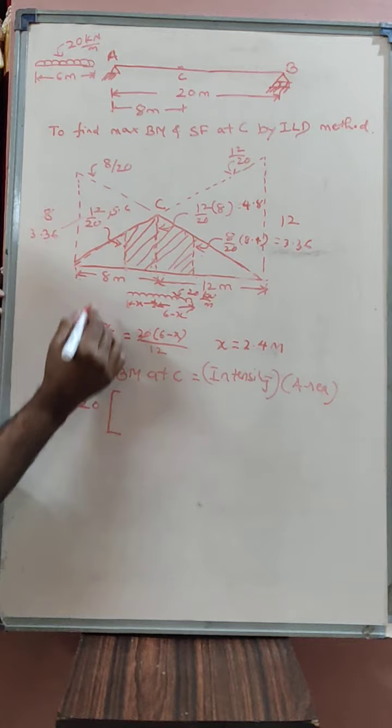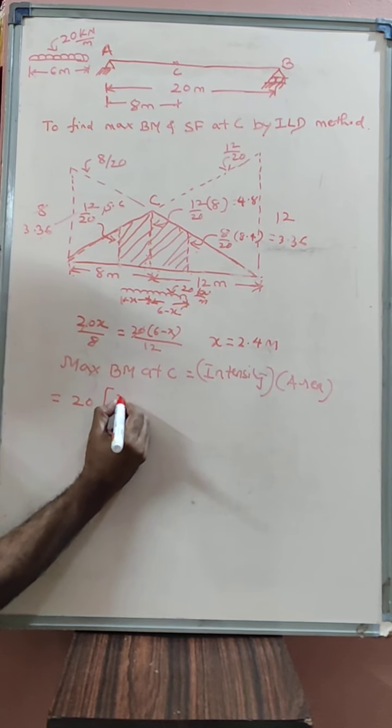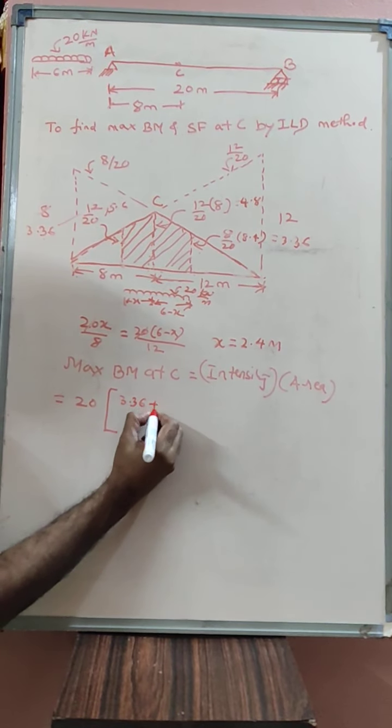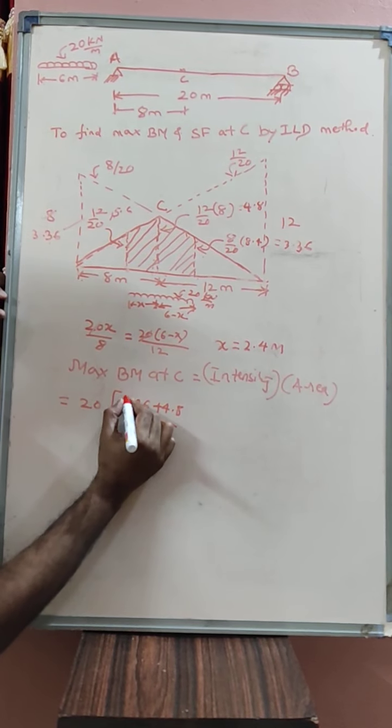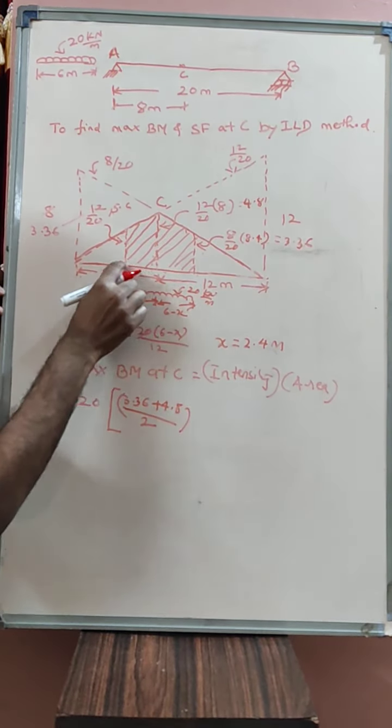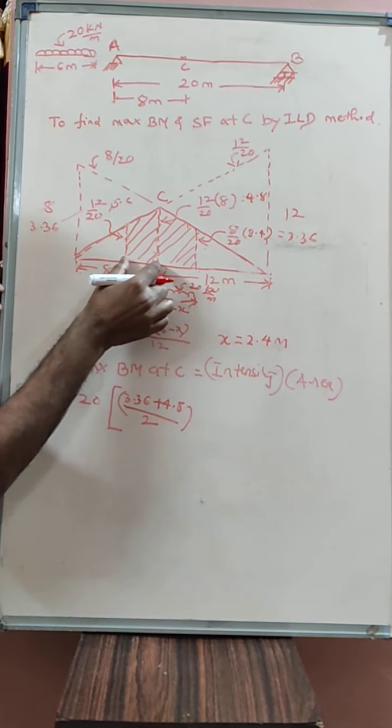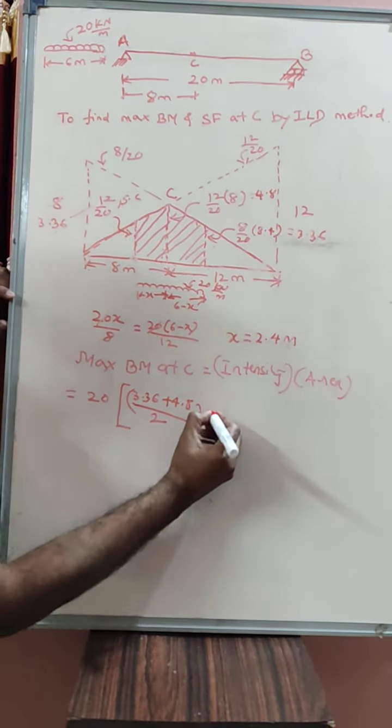So 20 into sum of the parallel sides, 3.36 plus 4.8, divided by 2 into the distance between the parallel sides. The distance between the parallel sides is how much? This distance, x. x we have found out is 2.4.